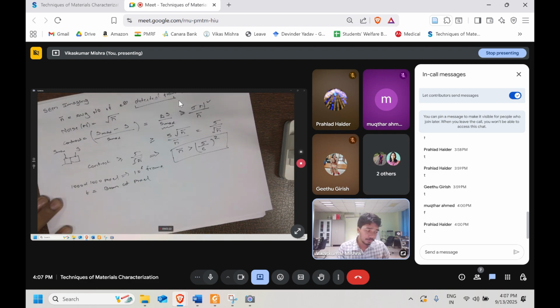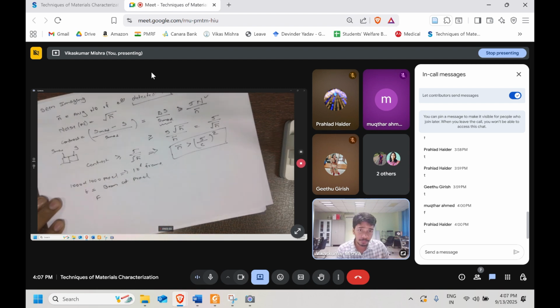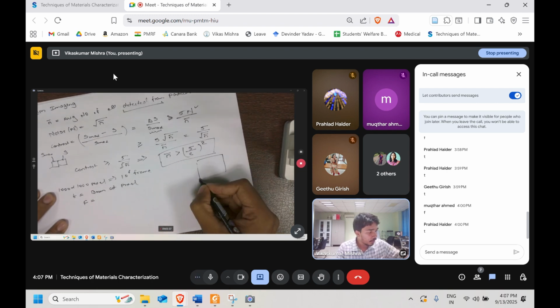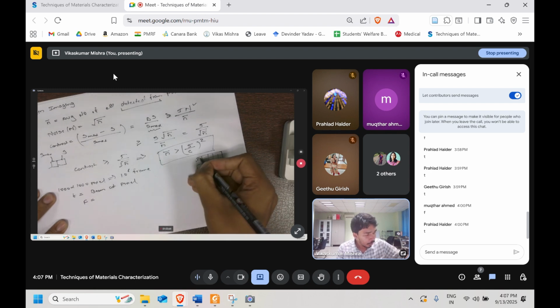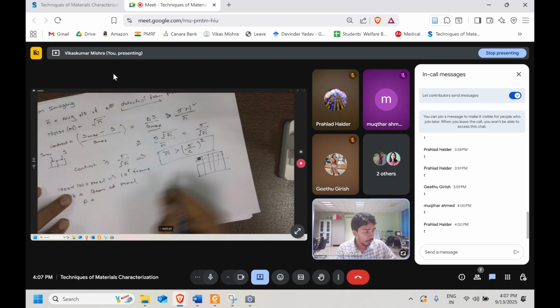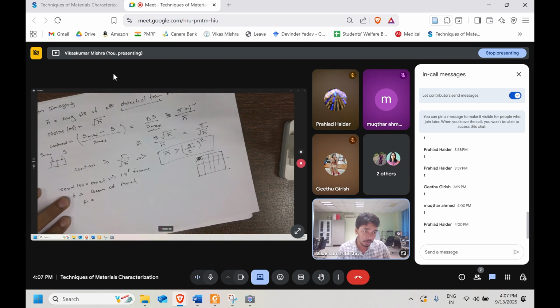So now can we find what is the total time? Let's say f is the total time. Let's say we had the image. At a particular pixel the probe stayed for t amount of time.